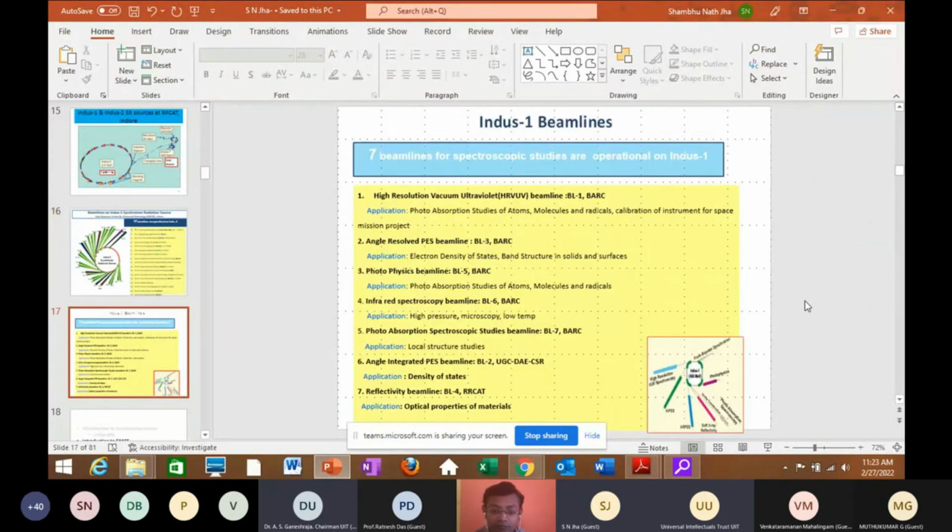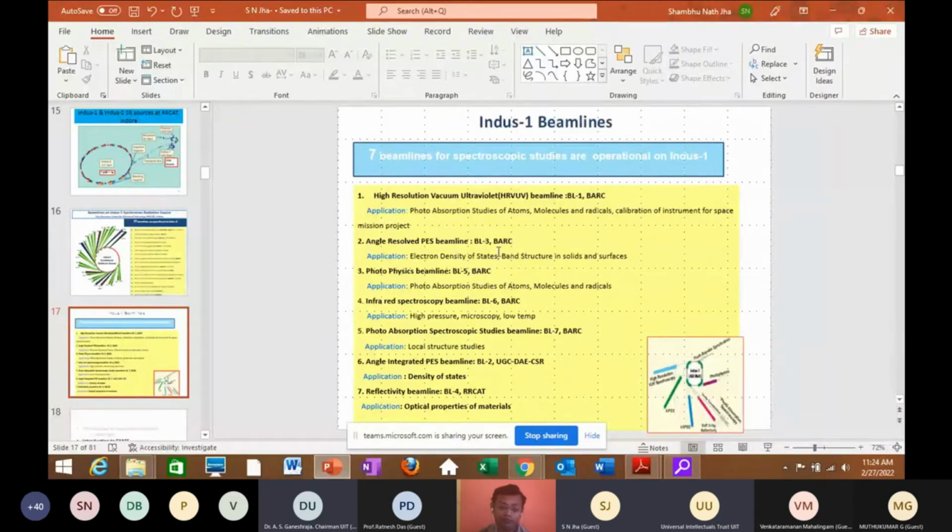And this is the listing of the beamlines at Indus-1, which is a UV source, and all the beamlines here are dedicated to spectroscopic studies. You can see the high resolution vacuum ultraviolet beamline, as well as the third one, the photovisible beamline. These two are mainly for atomic and molecular spectroscopy. Then we have an angle resolved photoelectron spectroscopy beamline in the UV energy range.